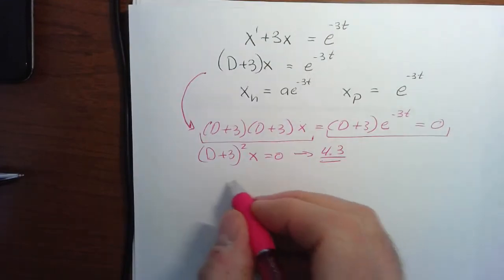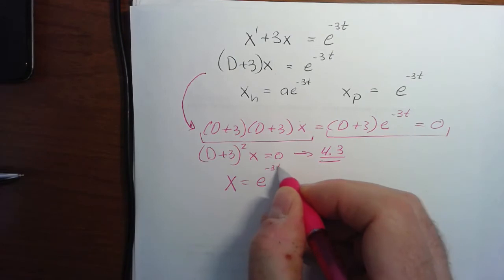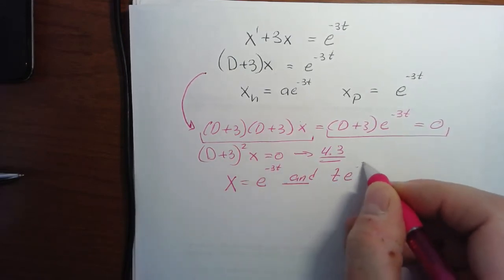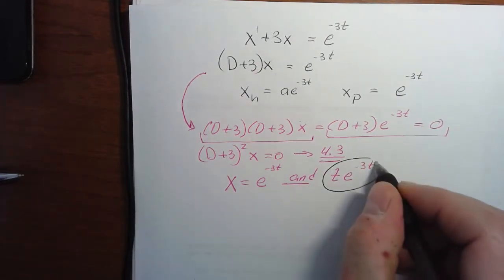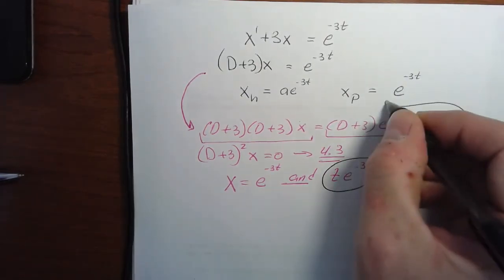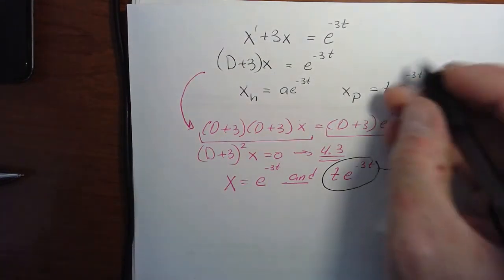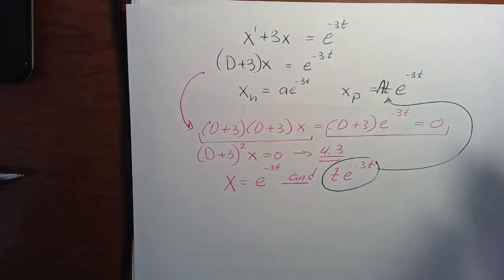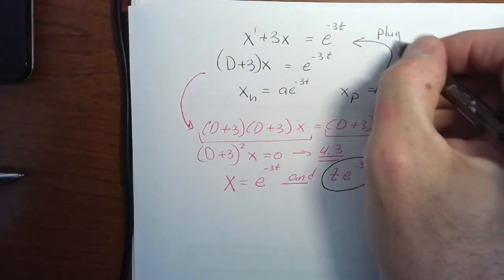I'd have a repeated root. I'd have x equals e to the minus 3t and t e to the minus 3t. So maybe this is my guess. And again, I don't know if it's 1 times t e to the minus 3t, so I should put a constant there. How do I find the constant? I plug it back in.